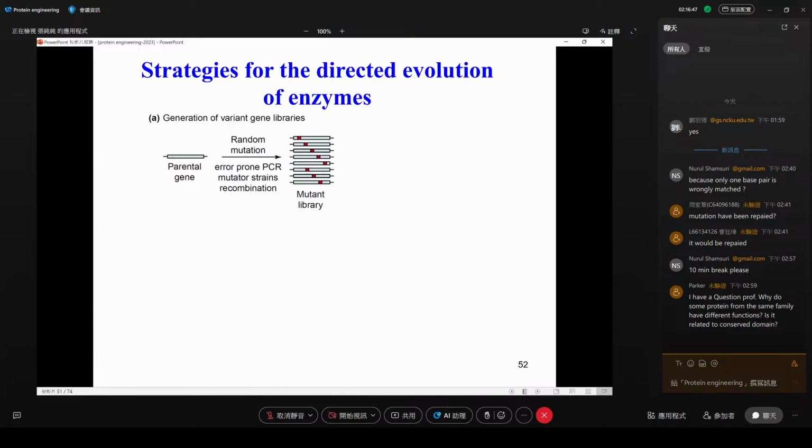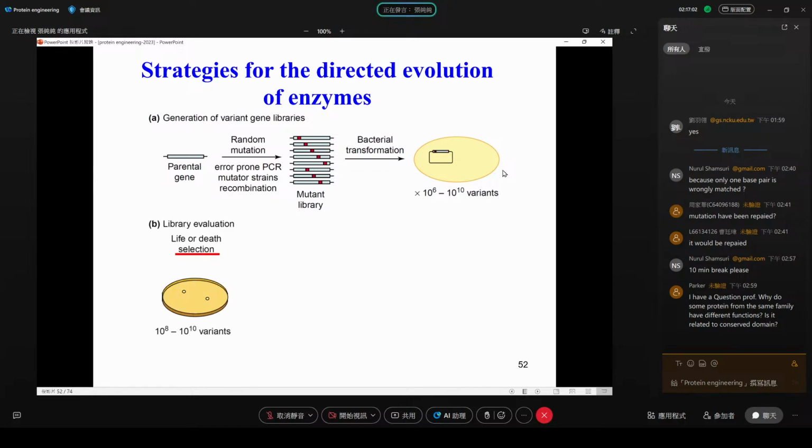Okay, so the strategy for directed evolution also relies on random mutation from PCR to generate a mutant library. You will need to transform it into E. coli, then get a library, but you need a good strategy for screening or selection. Selection and screening are very different.